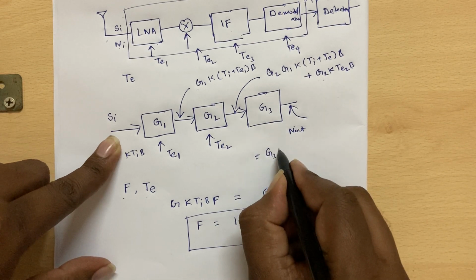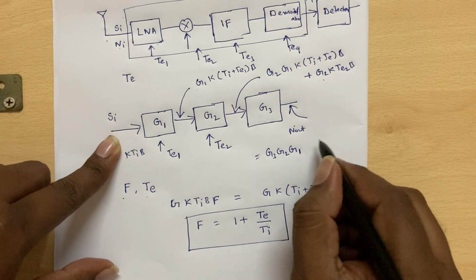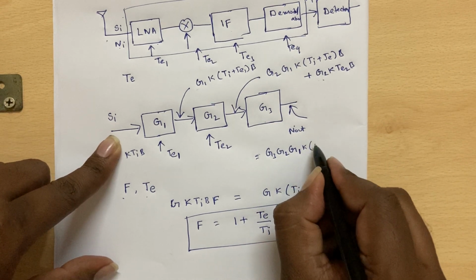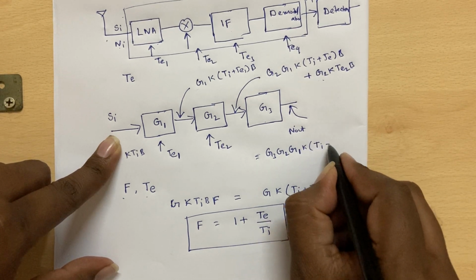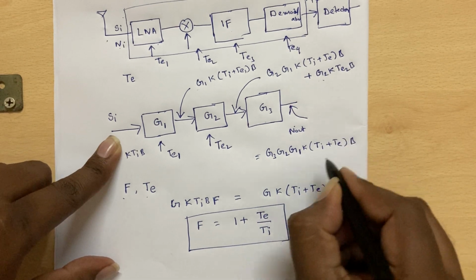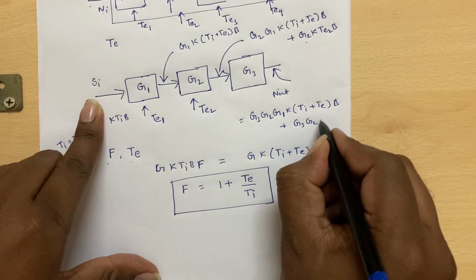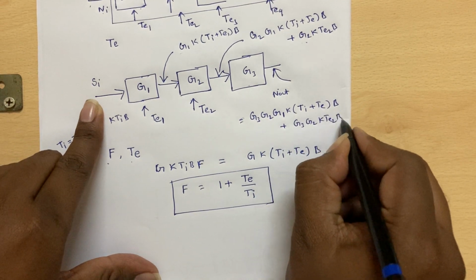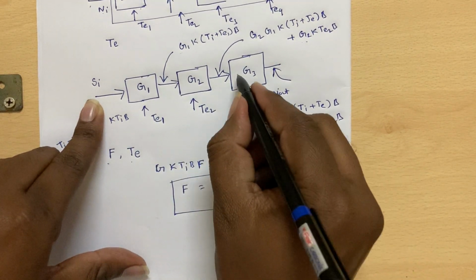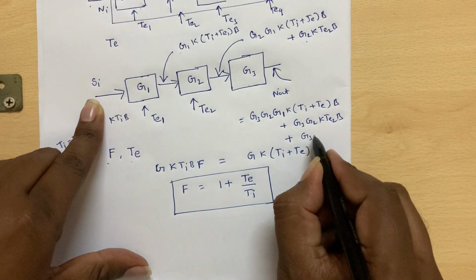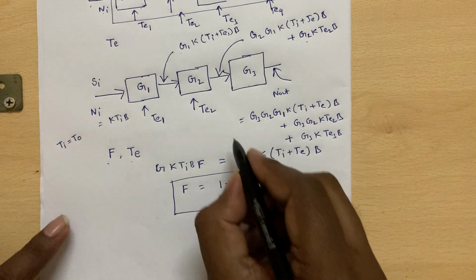So G3 G2 G1 K (Ti plus T1) into B, plus G3 G2 K T2 B. This is the previous stage noise amplified by the G3 gain, plus what it is adding, G3 into K T3 into B. So this is the total output noise power.